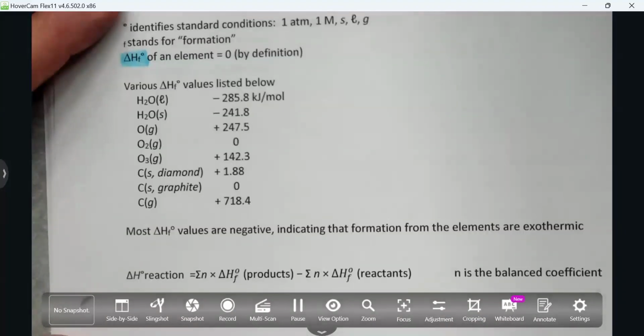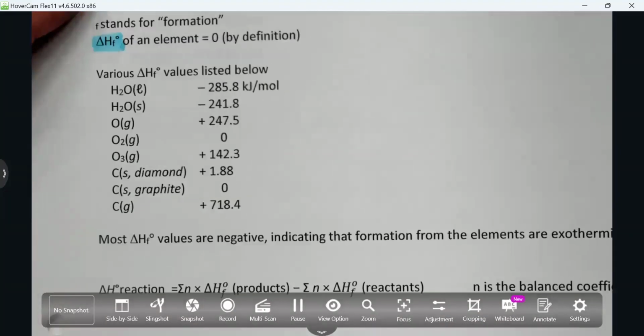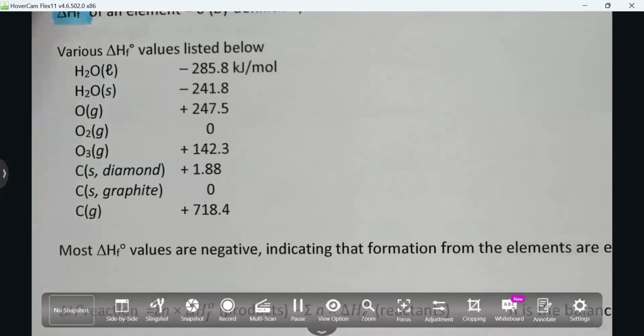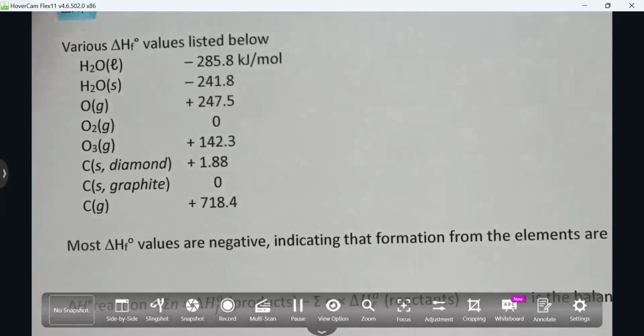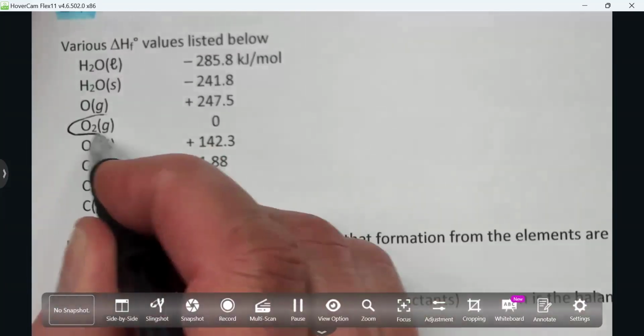So then there's a table of enthalpy of formation, and whether or not you have a solid, liquid, or gas matters, because here's H2O liquid. So there'll be a table of enthalpy of formation values like this. Notice oxygen is 0.